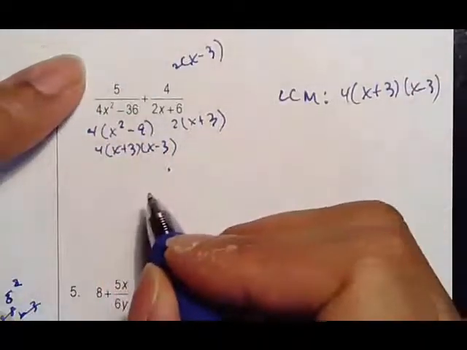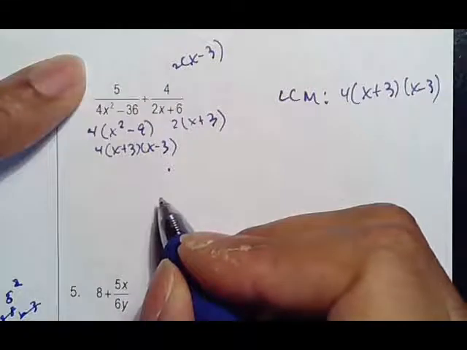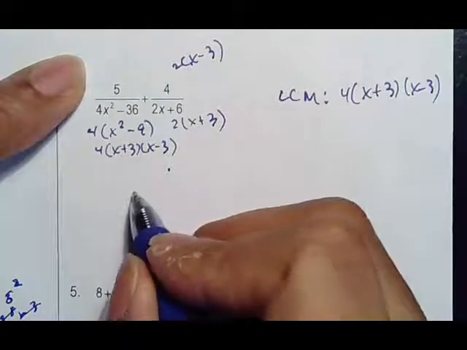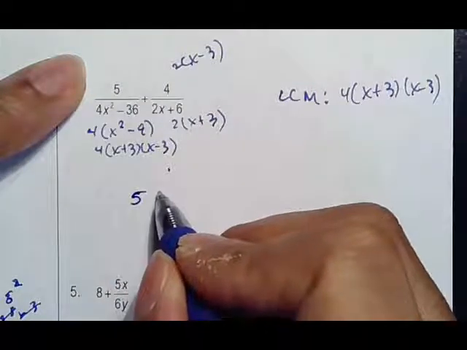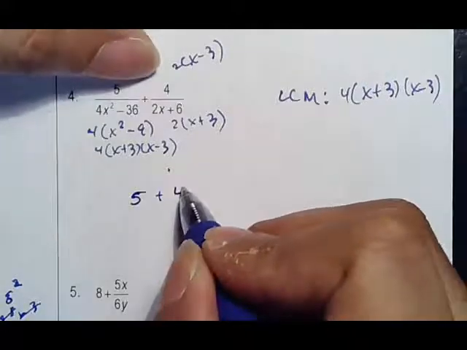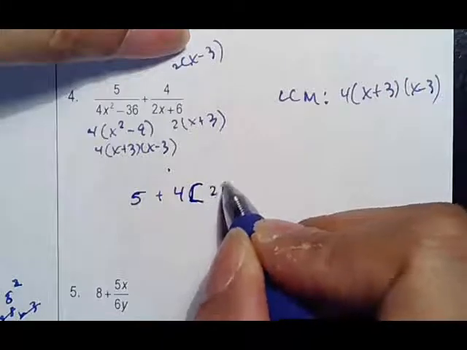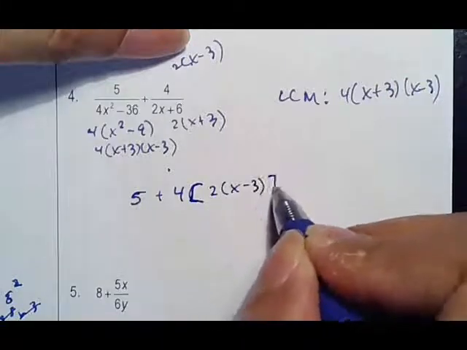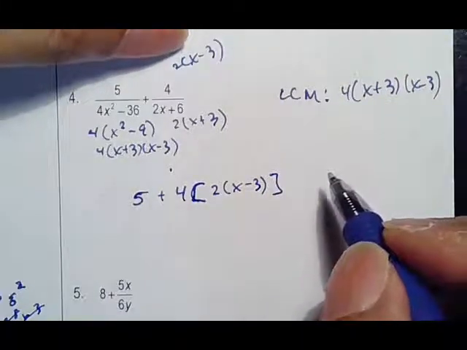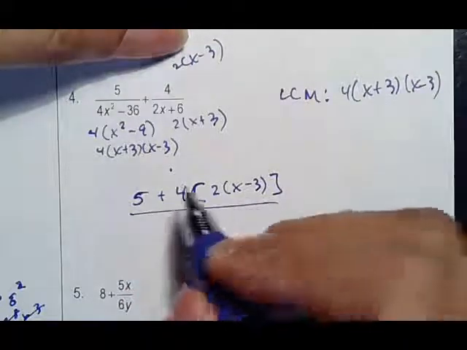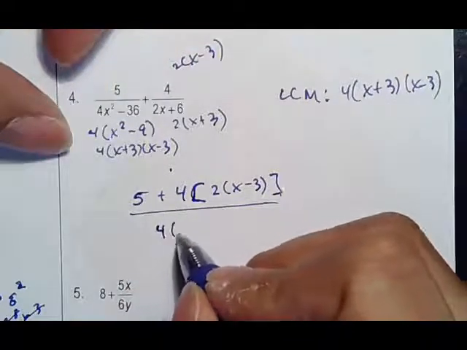So we end up with, again, the bottom's going to stay the same, 5 plus 4 times, because I'm doing more, I'm going to use a bracket, 2 parentheses x minus 3, all over this stuff.